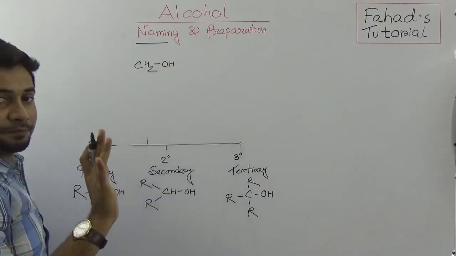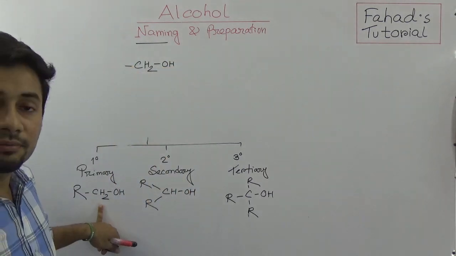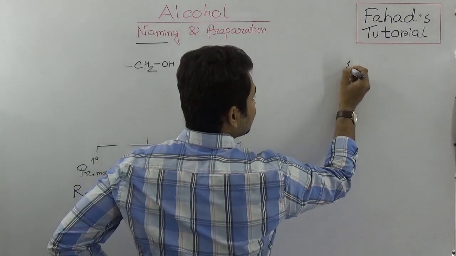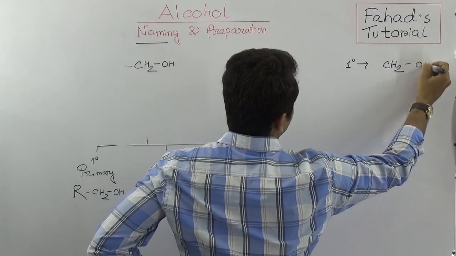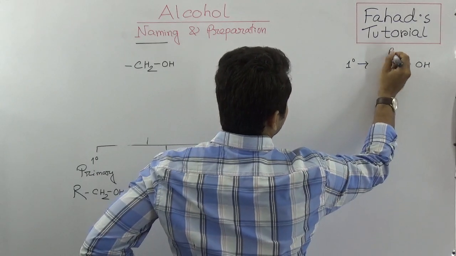Suppose CH2OH is there. Okay, so this is CH2OH, which is monohydric 1-degree alcohol. So I can write here that 1 degree is CH2OH, but there is what? There is 1 alkyl group.